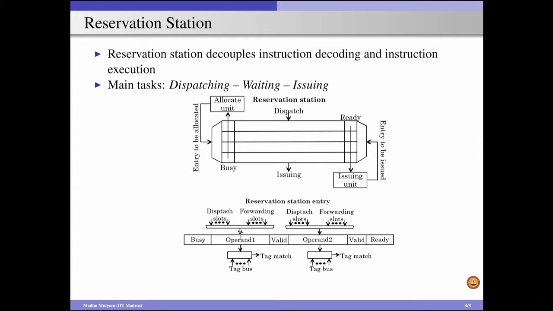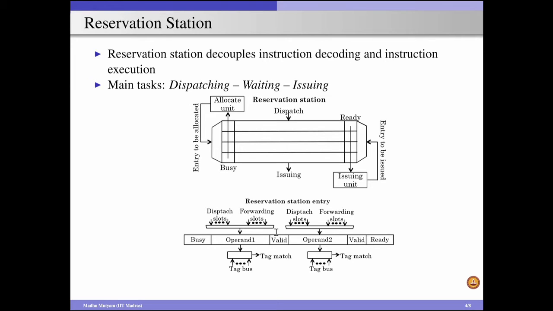If the operand is already available, or ready, then we set the valid bit, and if the operand is not available at the time of dispatch to the reservation station, we reset this bit. If both these valid bits are set, that indicates that the two operands for this instruction are ready, and then we set the ready bit, so that the issue stage will keep track of this, and it can select this instruction to be issued to the functional unit.